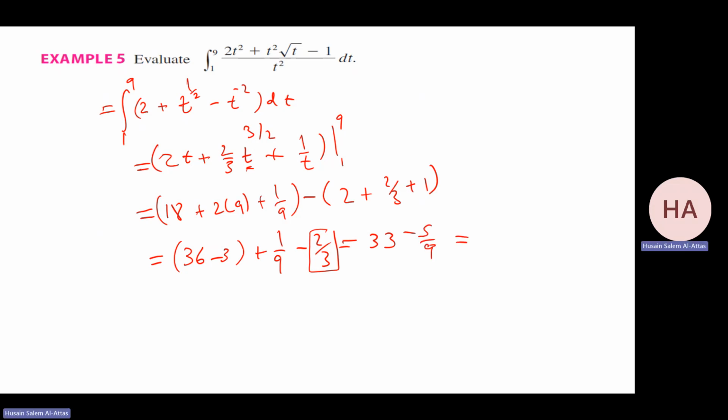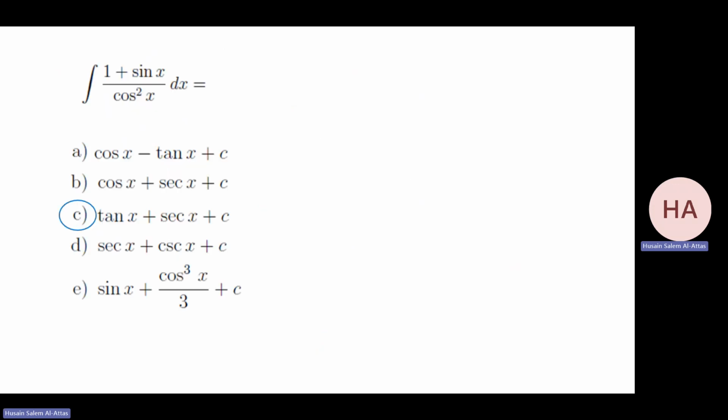So the answer, if you want to simplify it: 33 times 9 is 297, minus 5. So it's 292 over 9, if you want to simplify it.